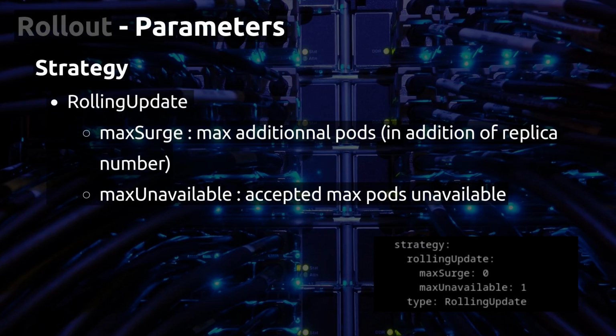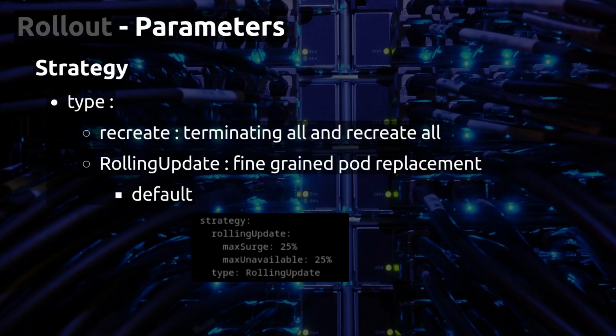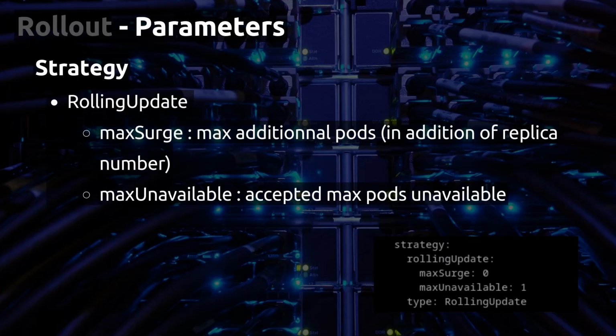And by default, of course, Kubernetes uses the rolling update because it is smoother to upgrade with this kind of strategy. So we already saw that, okay. We have the max surge.